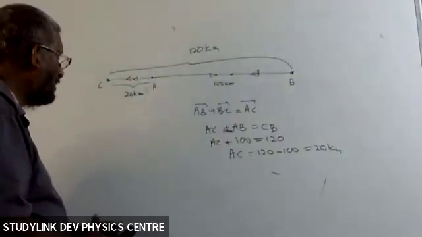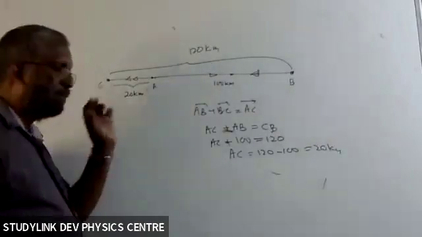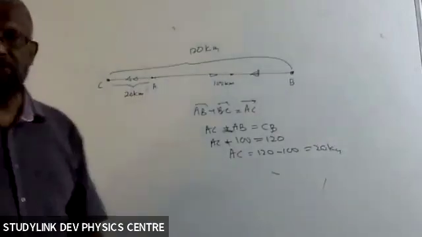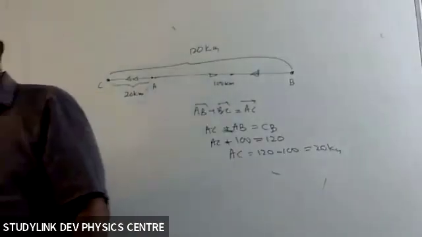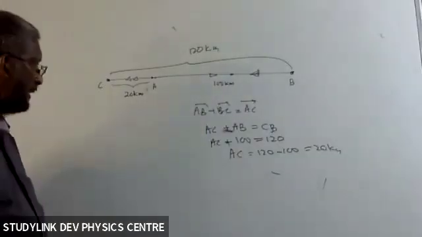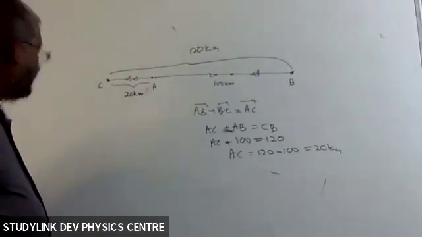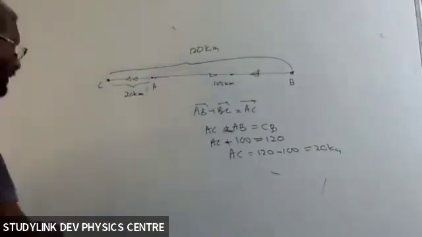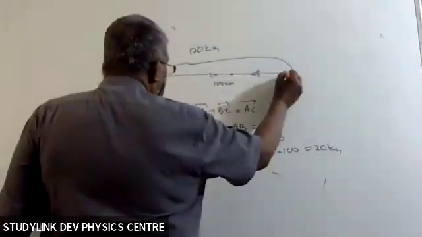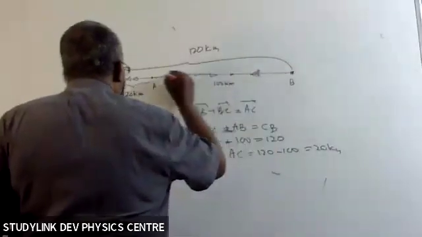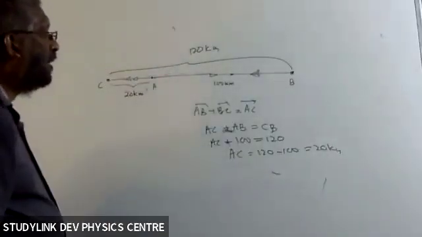Then the answer is 20 kilometers towards west. That is the displacement. Note down. You write the displacement as 20 kilometers towards west. If you want to get it more clearly, you can draw like this: AB in one color, then coming back to C. Red is the opposite one.